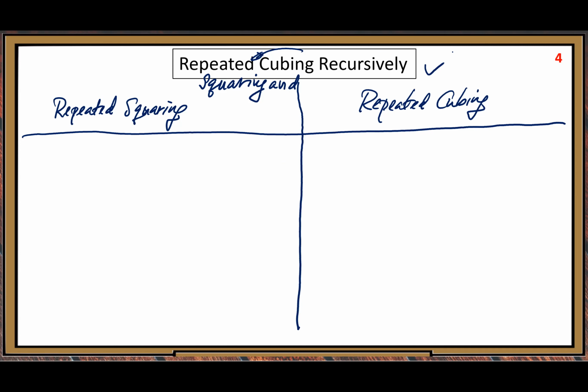So let me write the function name. First, we need to define repeat square. Let me call the function name with n. That's the function definition.